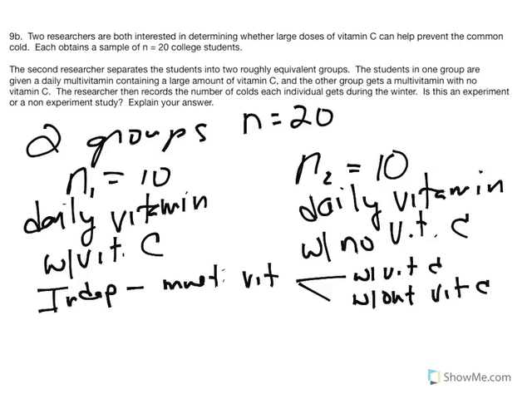And we want to measure the effects on the dependent variable, in this case, number of colds. Okay, so again, we have two groups. We randomly assign individuals into either group, and then we collect data on the number of colds to see if the group with the vitamin C had fewer colds than the group that received the multivitamin without vitamin C.